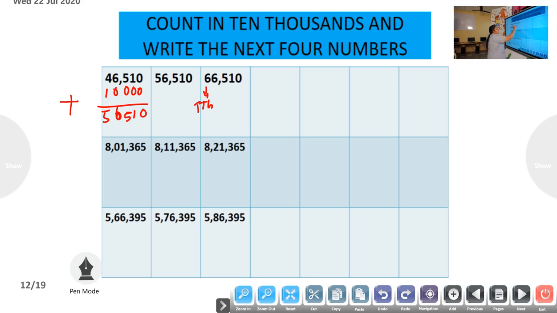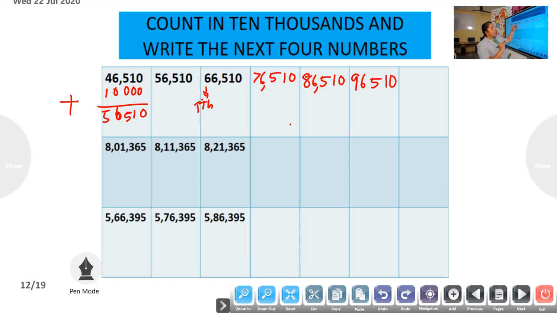The digit 6 becomes 7. Very good. Then how much are you getting there? 76,510. Then we are adding 10,000 to the 10,000's place. It becomes 86,510. Is it clear? Again, you are adding 10,000. So there is a change in the 10,000's place. That 8 becomes 9.